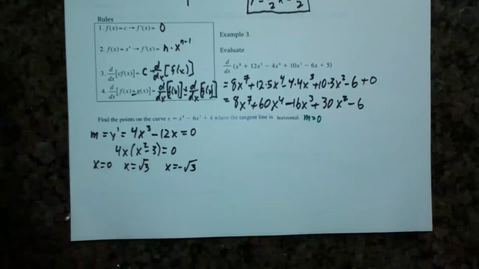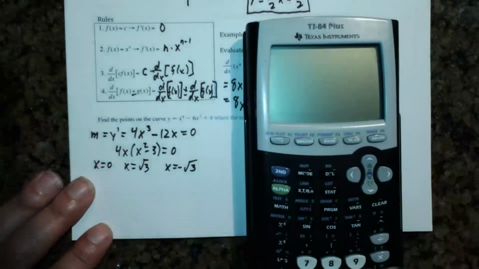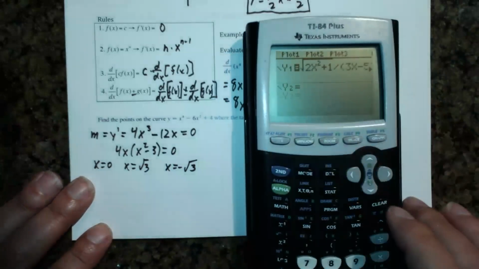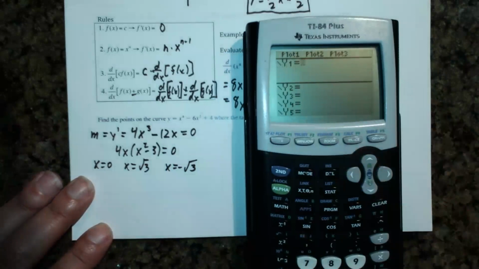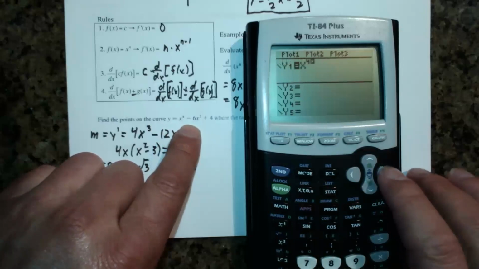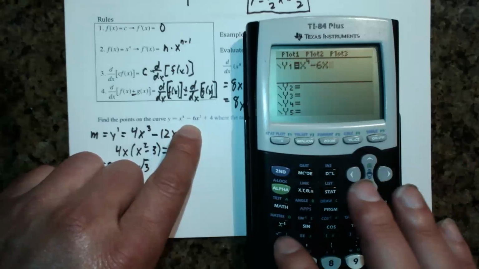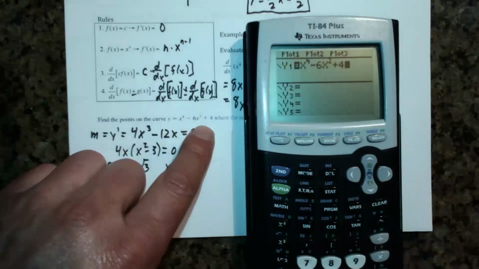So let's find out what y is. I'm going to plug that into here. In fact, let me remind you how to do that with your calculator. If you go here, and we can type in the original, x to the 4th minus 6x squared plus 4.